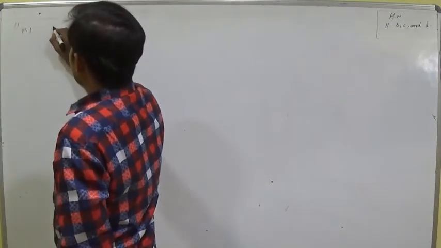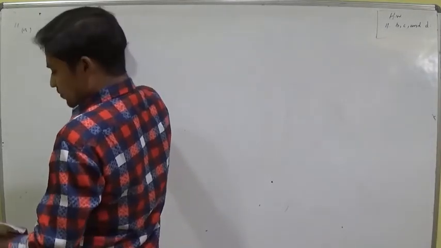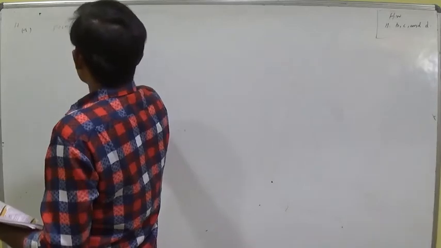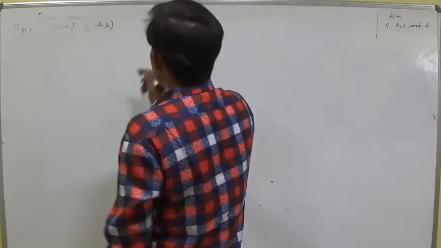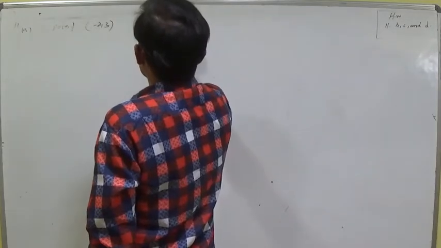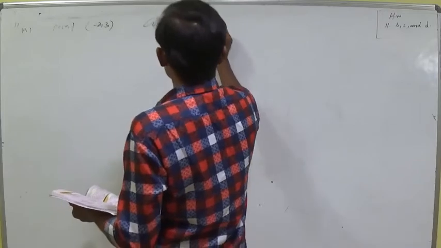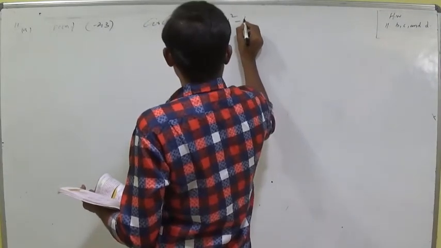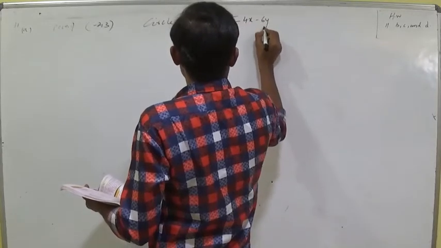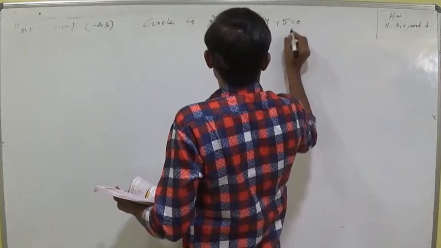So, the point is -2, 3 and the given circle is x square plus y square minus 4x minus 6y plus 5 equal to 0.